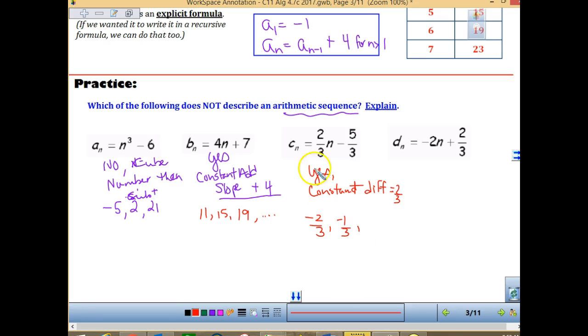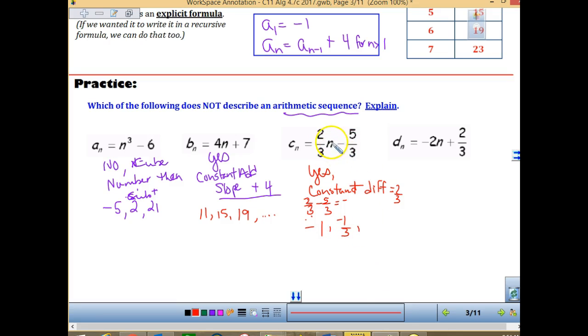Is that right? No, the first one should be what? What's 2/3 minus 5/3? Negative 1. Negative 1/3 is the first term. Then we have negative 1/3, right?